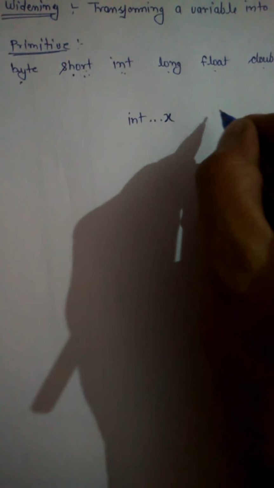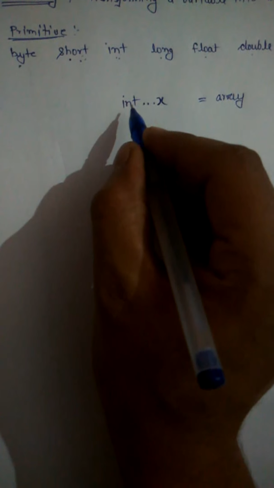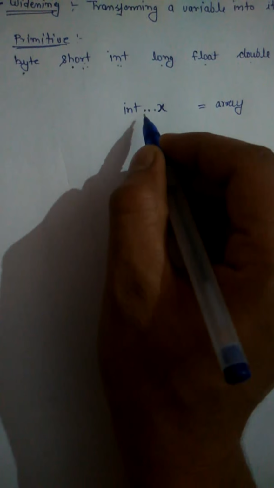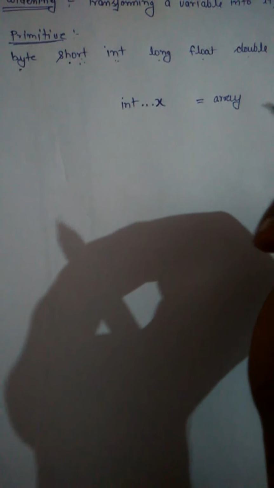It behaves like an array. And there is a rule: if we are passing a variable argument in a method as a parameter, then it must be the last parameter.